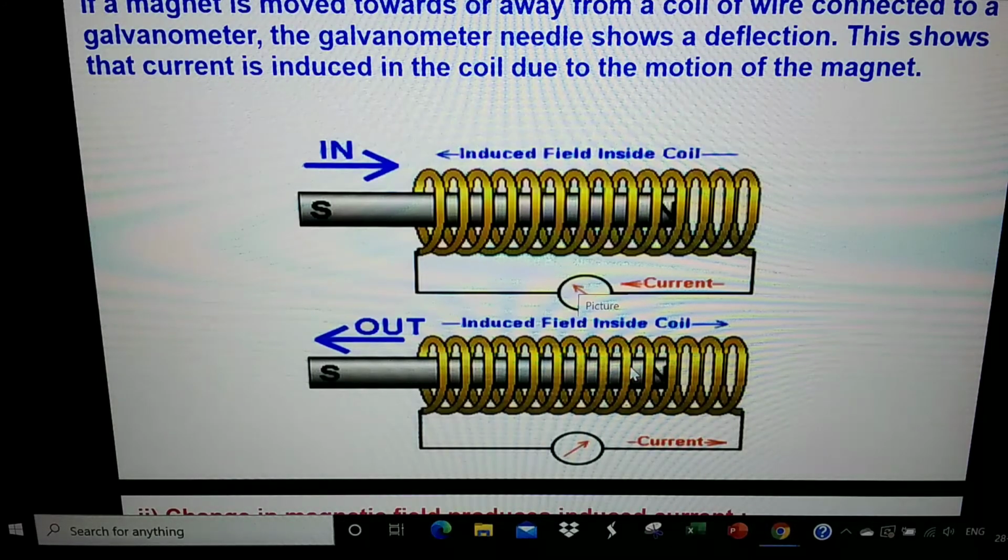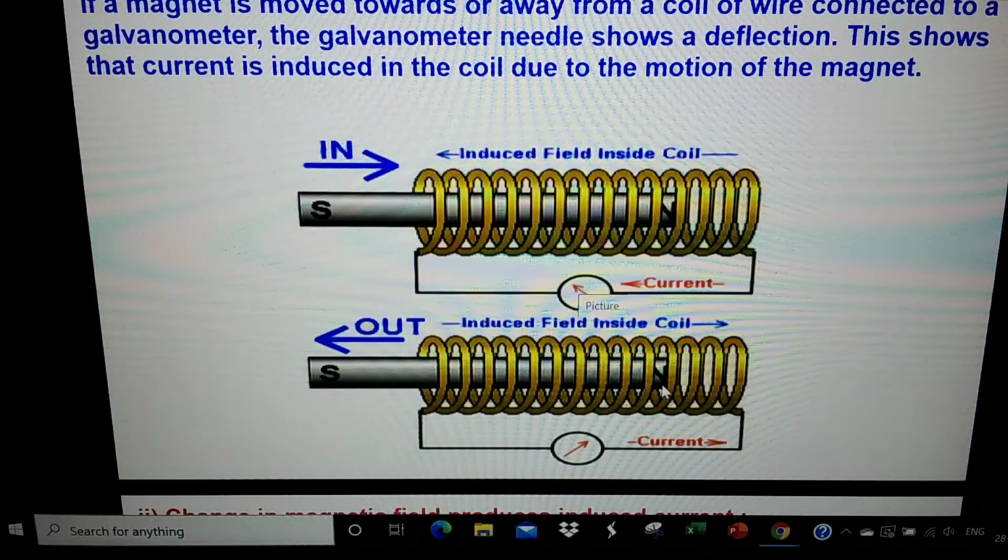Whether you are moving the magnet inside or outside, the field is induced inside the coil, due to which the galvanometer shows the deflection opposite to the direction of the motion.